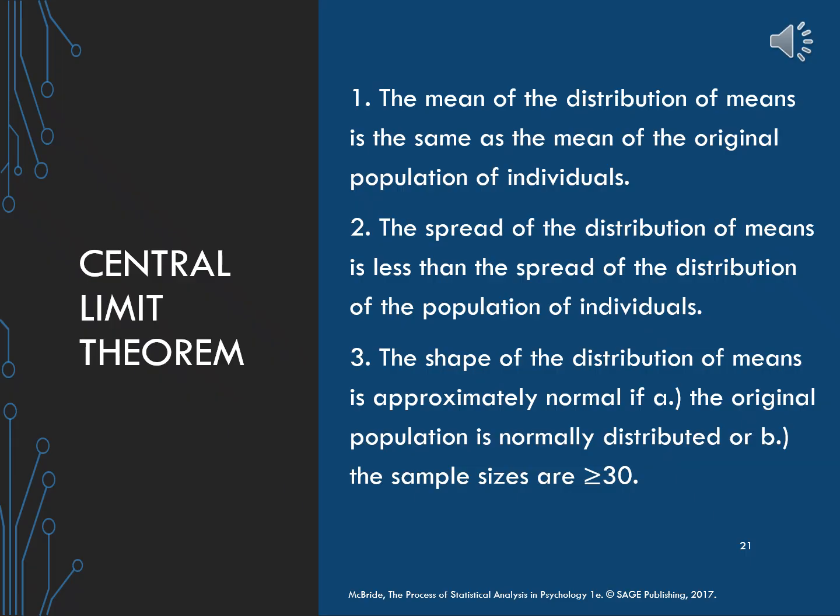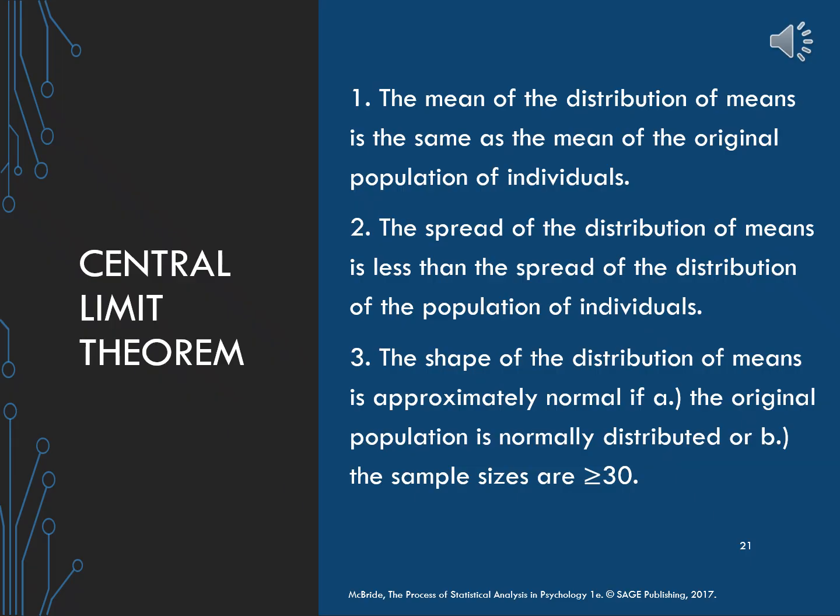You don't need to know exactly why 30 is the important number. As long as it's sample sizes of 30 or more, and usually we are grabbing sample sizes of hundreds of people, and sometimes thousands of people, then all of the things we're going to talk about for hypothesis testing apply.